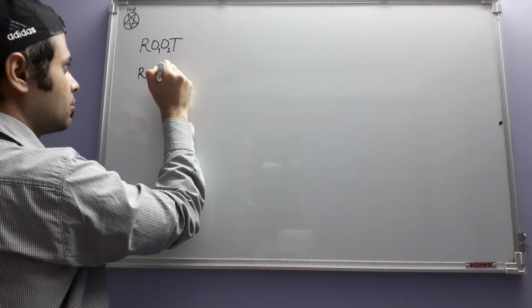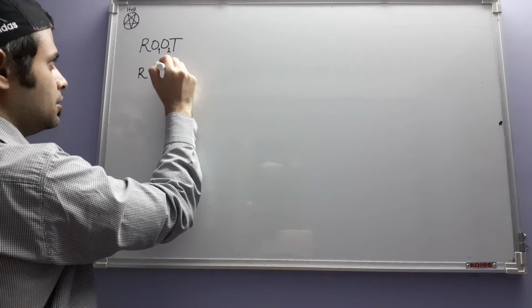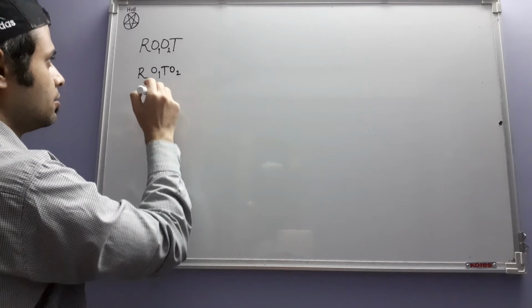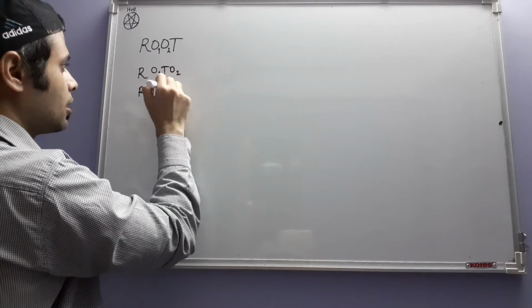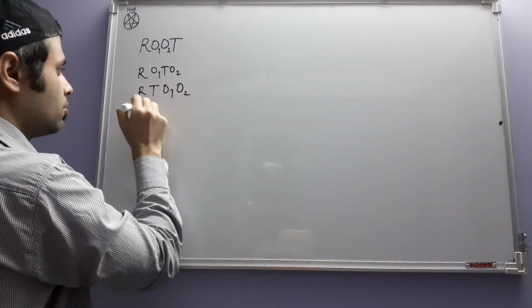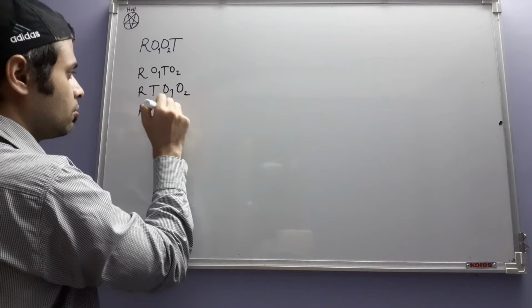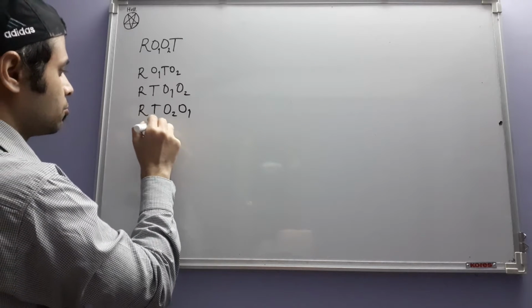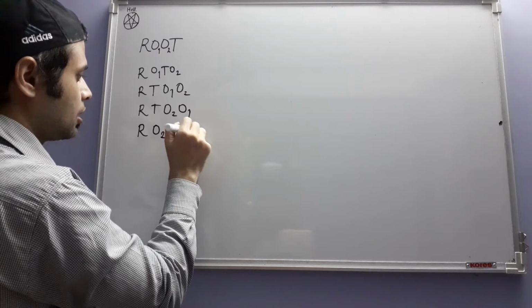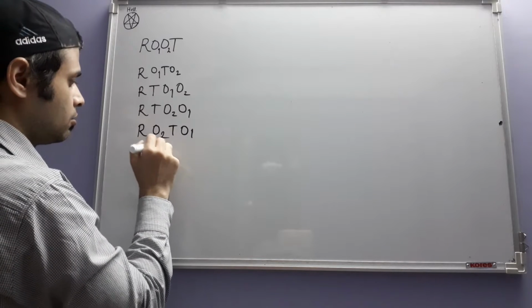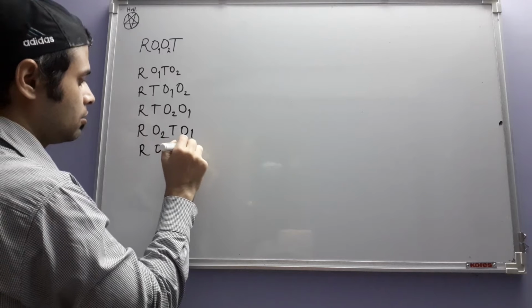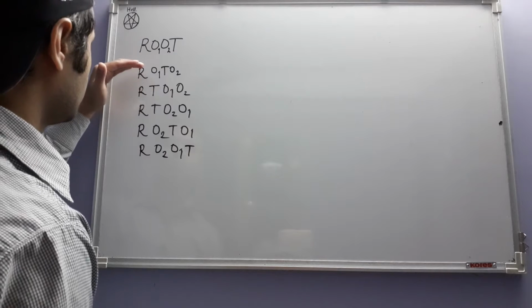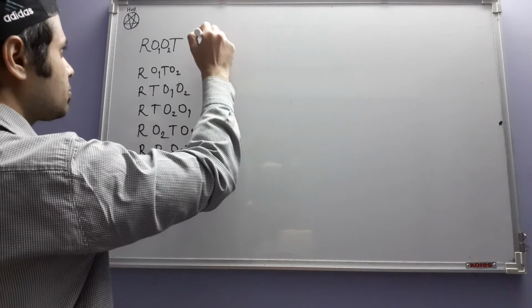Then we can write the other ones: O2 R T O1 O2, R T O2 O1, then R O2 T O1, R O2 O1 T. Have I missed something? Oh no, yeah, 6 of them.